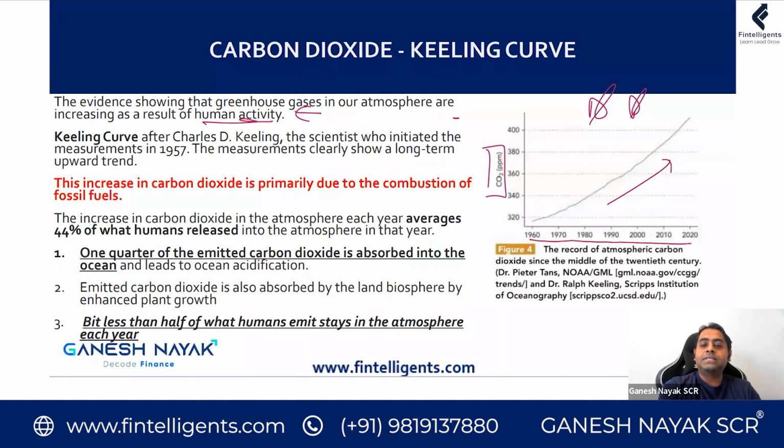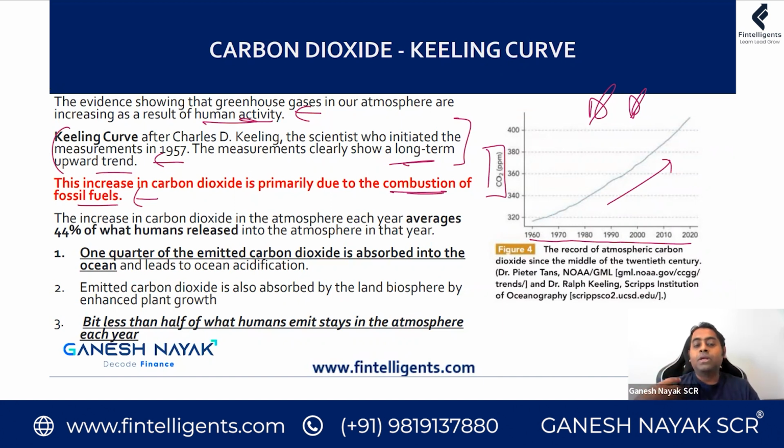But in this section, the Keeling curve gives you a long-term view of what is happening with carbon dioxide in the atmosphere. And we know, because we have been discussing climate change a lot, that CO2 primarily comes from the combustion of fossil fuels. So when you drive a car, you're emitting CO2. That is one of the major factors. The factories are also emitting CO2. They are also a major factor.